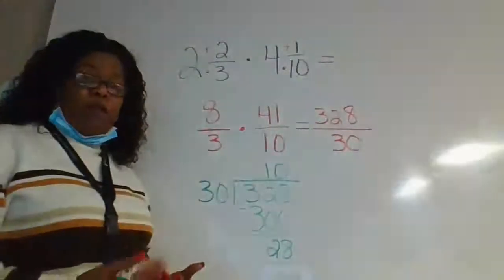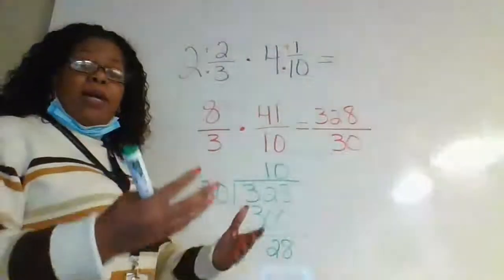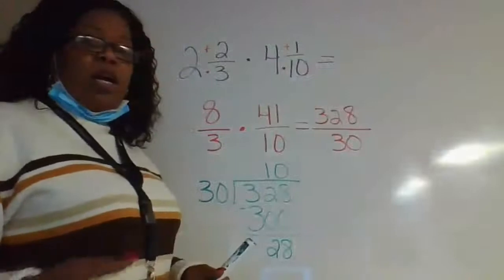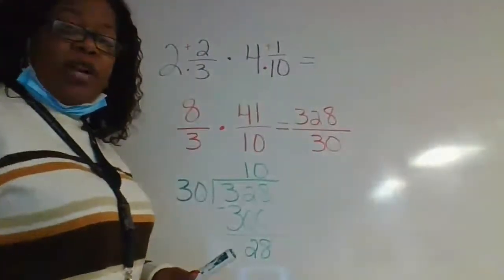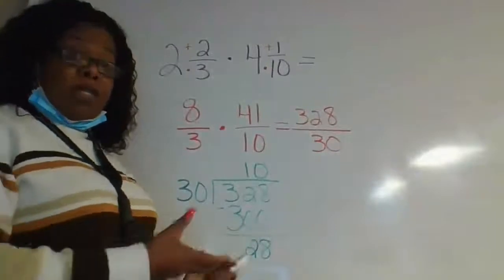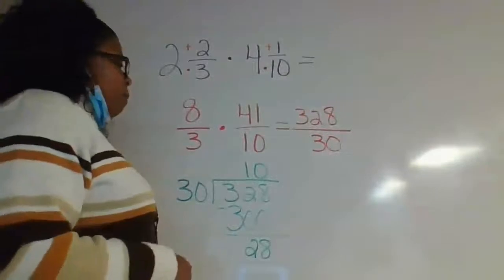Now, in traditional long division, the number 28 is what we would call our remainder. But when we are working with fractions, the number 28, or our remainder, becomes our numerator. So when we are simplifying improper fractions and turning them into mixed numbers, because that's what is happening right here, what happens is this.